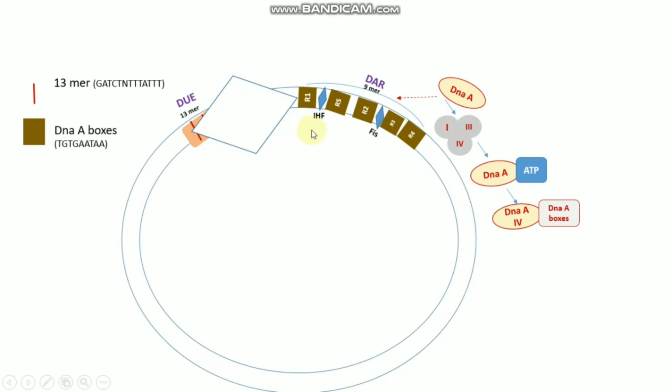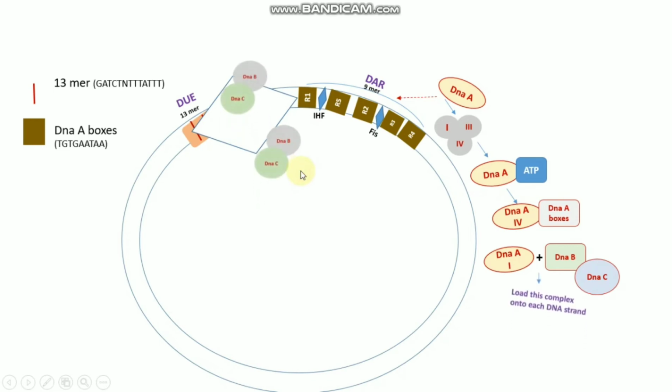So next, domain 1 of DnaA interacts with DnaB, and DnaB forms a complex with DnaC. Then this DnaB-C complex is loaded onto each unwound DNA sequence.